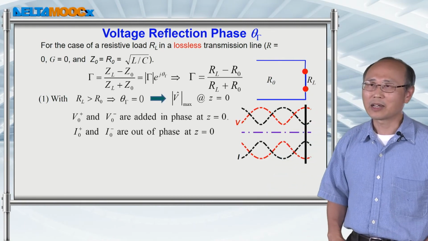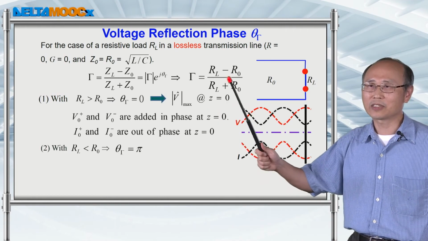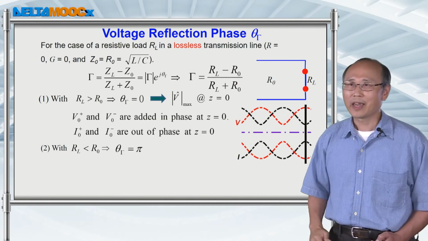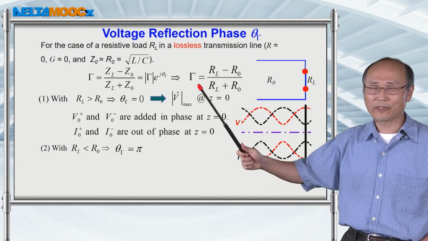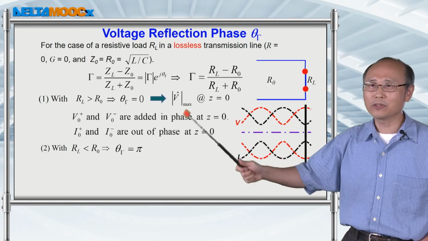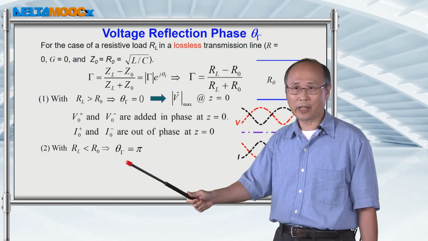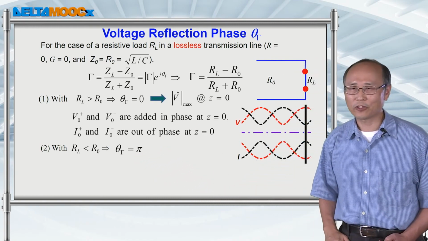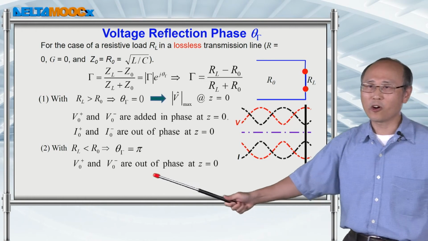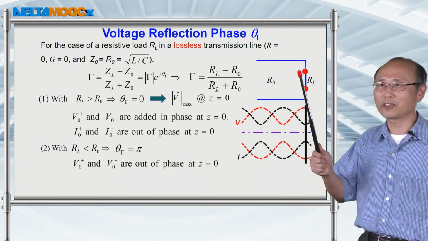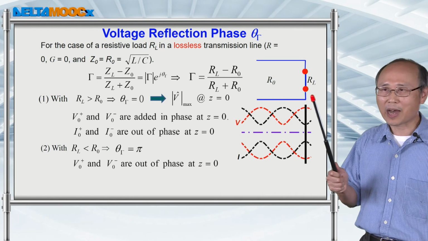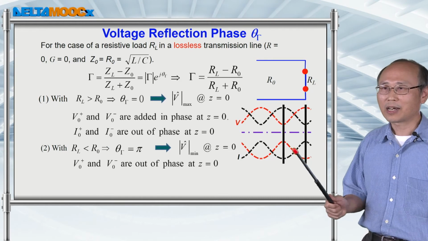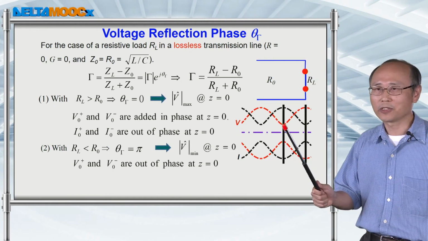The other case is that if the load resistance is less than your characteristic impedance, then gamma will turn out to be a negative value. A negative value gives you a reflection phase equal to 180 degrees, or an odd multiple of pi. So the voltages at this boundary are going to add up destructively, and you will end up having a minimum value for your voltage at the boundary.